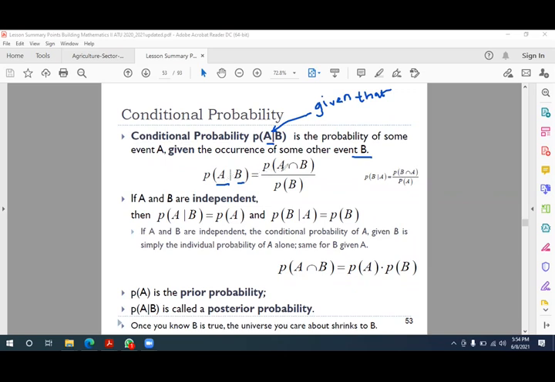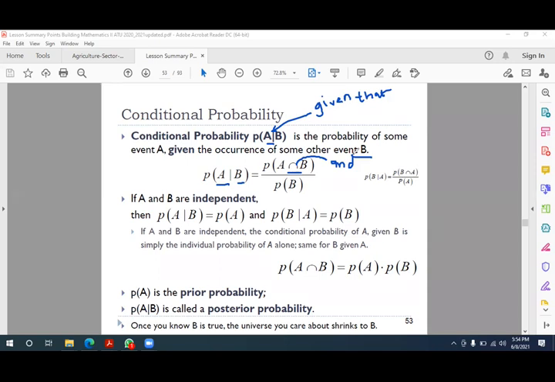the probability of A and B, so and is referred to as intersection, whilst or is referred to as union. So A and B over the probability of B. Okay.